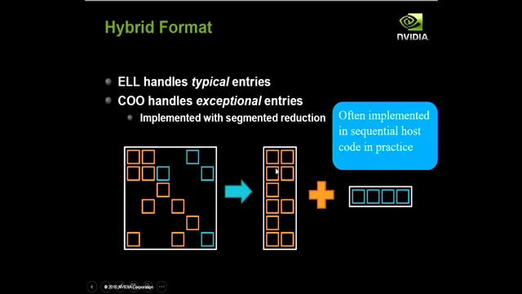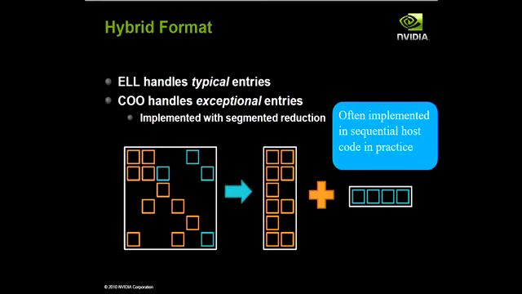So in this case, we only pad to the longest among all the remaining elements, and then we kick out the excess elements from those very, very long rows and put them into the COO format. So this gives us a much more controlled amount of padding.